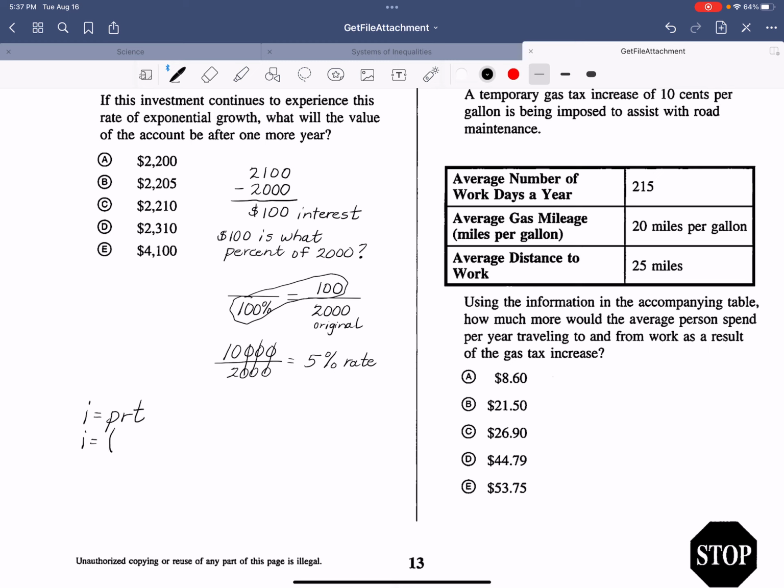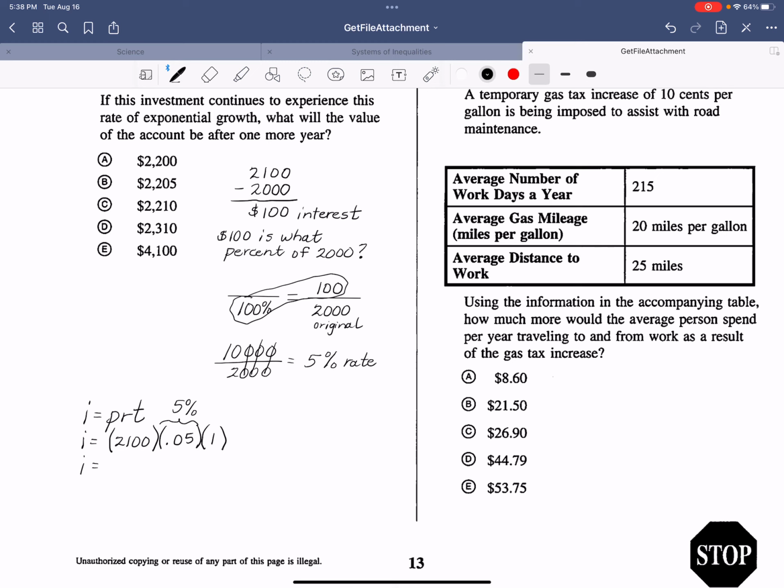The new principal was $2,100 because I got to keep that 100 that had built up. The rate is 0.05. That's 5%. You have to turn it into its decimal form. And the time is going to be another year, so 1 year.